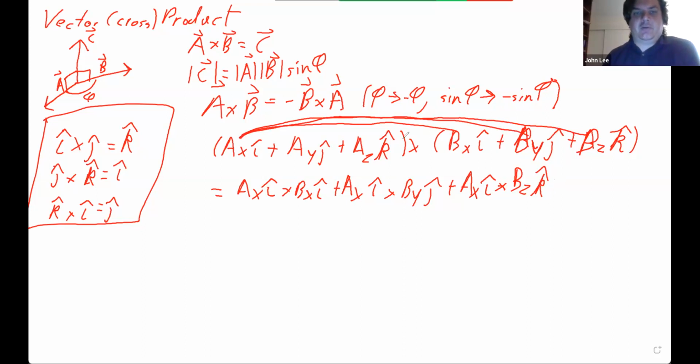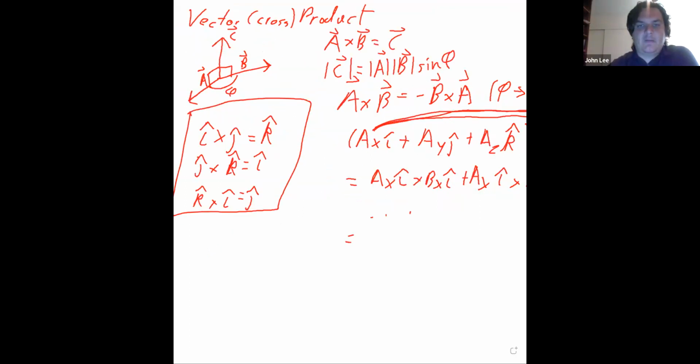And then you do that for all three components, AY, AZ, and then you're going to end up with, I think, 9 terms, 3 of which are going to cancel out, and the remaining of which are going to give you the formula for what is the cross product.